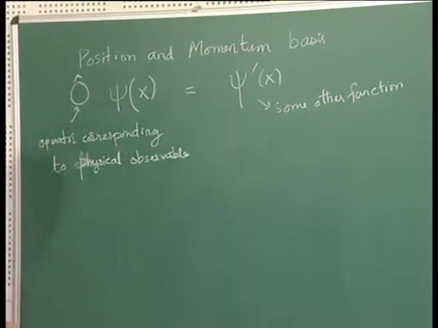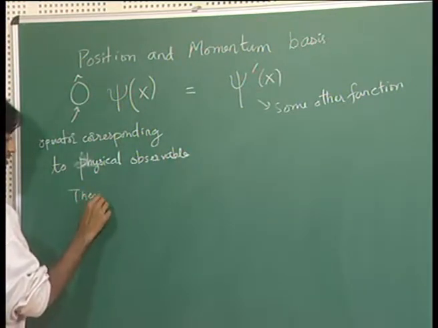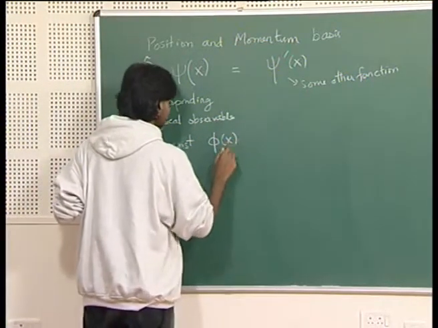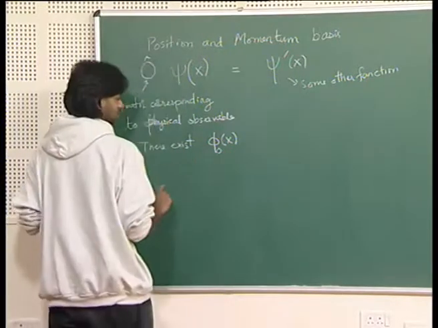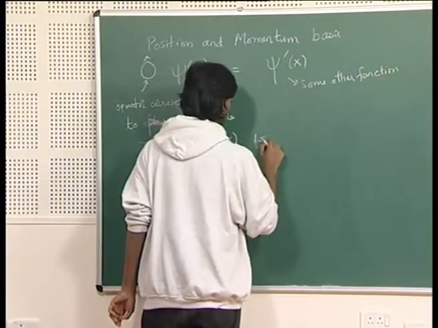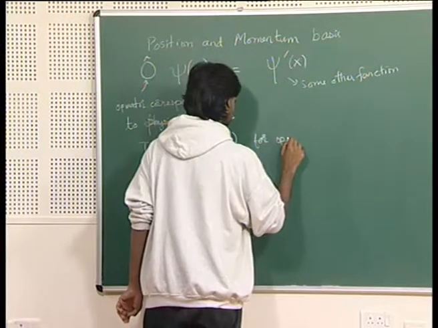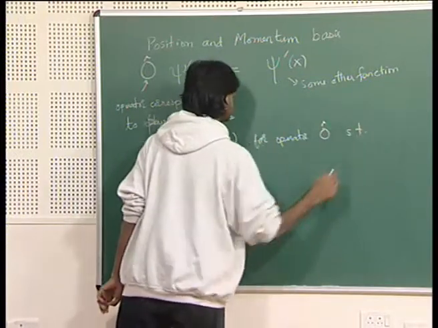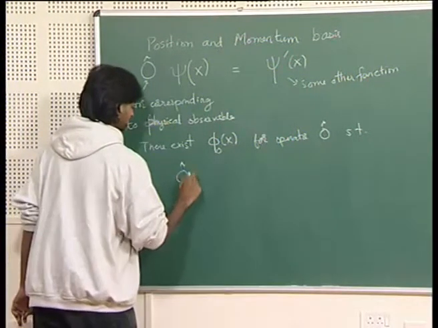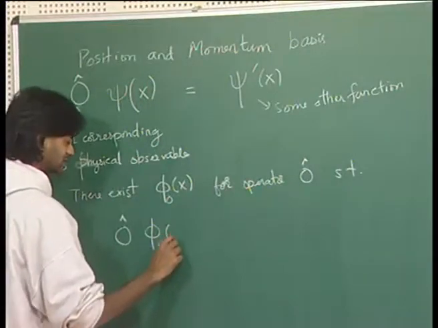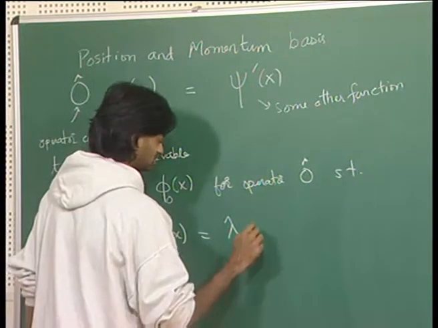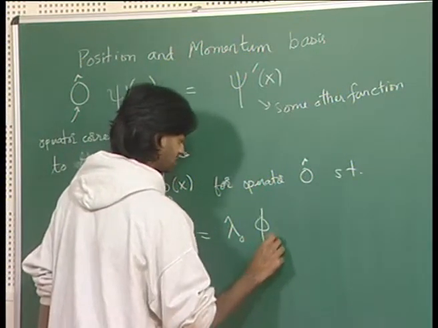But corresponding to psi, there exists phi O of x, for operator O, such that the operator acting on phi O of x is equal to lambda O times phi O of x.